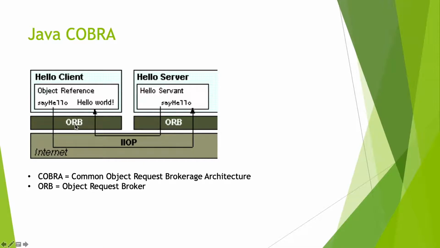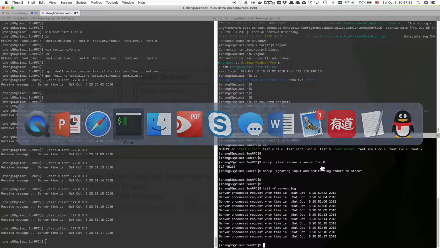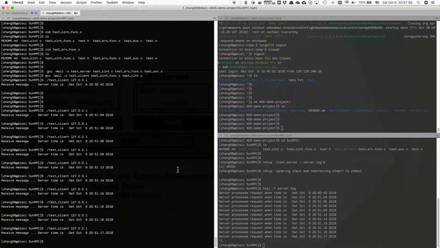The ORB handles the marshalling and unmarshalling, and also the network communication. The Internet Inter-ORB Protocol handles the actual transportation and the protocol that will be transferred through the internet. We'll also provide a document if you want to know more details about this technology. But here, we're going to just demonstrate how this one works.